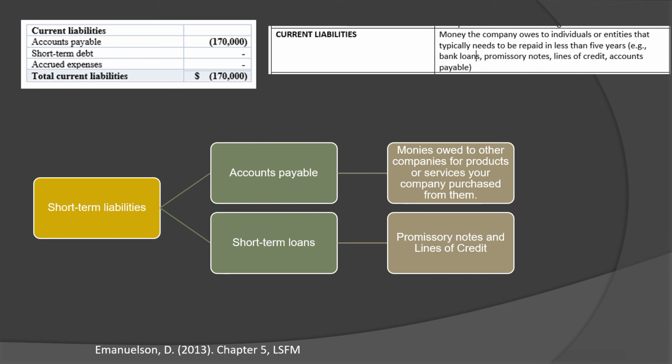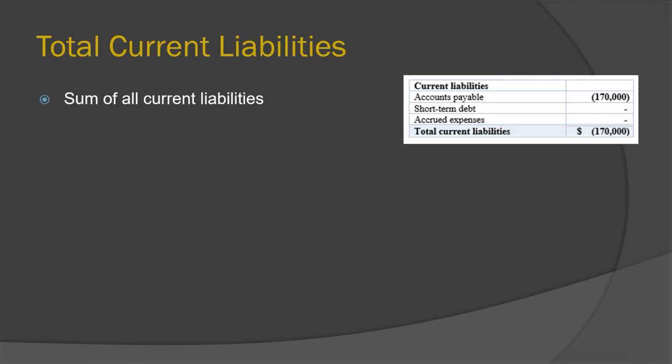Then there are also short-term loans. These could be promissory notes, lines of credit, things to do with the bank, like financing. In this case, the company actually does not have any short-term debt. And to get current liabilities, which are things that are typically owed within less than 5 years, you simply add them up. So total current liabilities, you sum up all the different current liabilities to get your number.